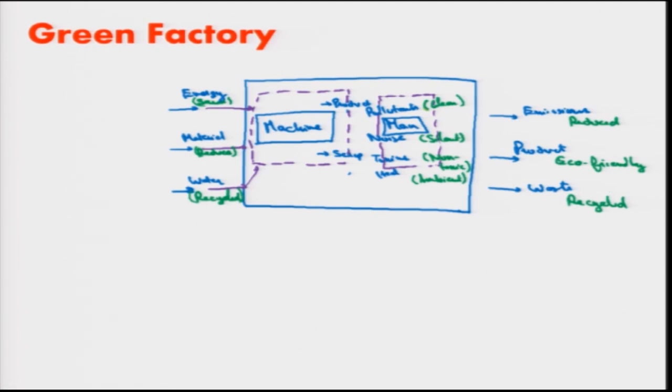So, what are the different aspects that are taken in this process, in this example? One is resource consumption aspects, and the work environment aspects.